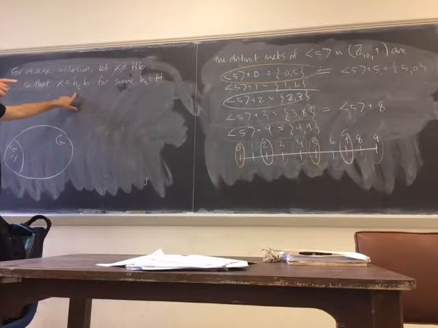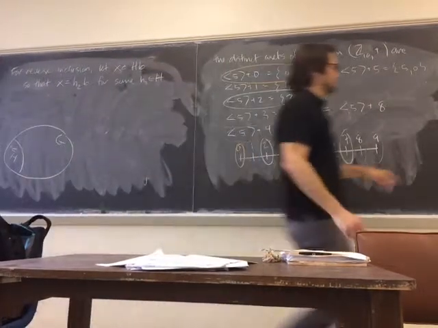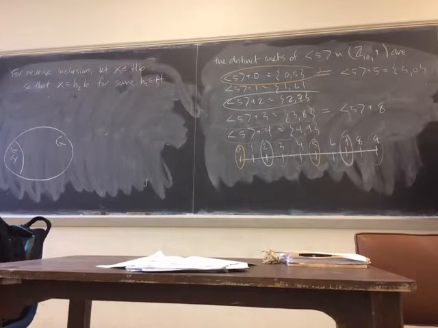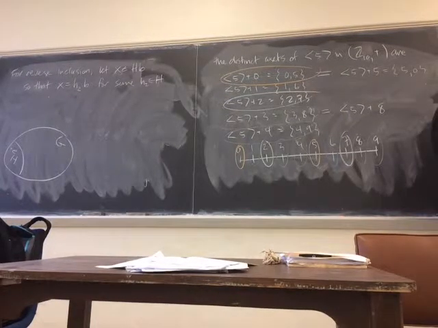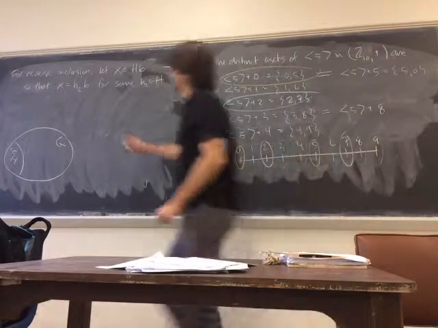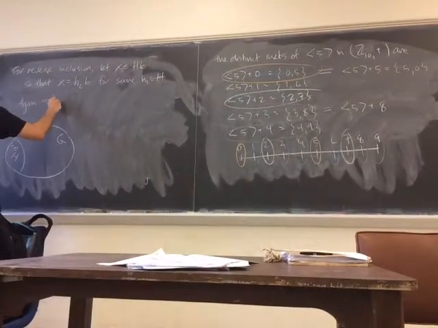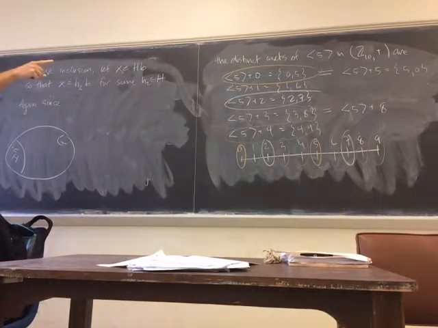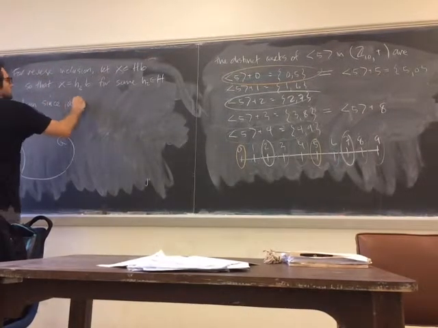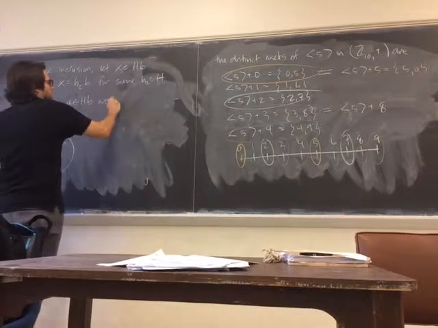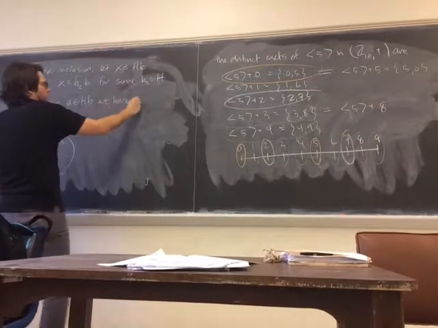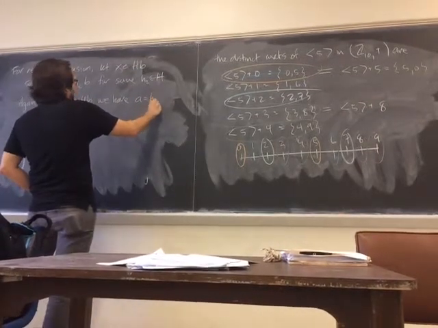Now, we know that a was in HB, right? That was our assumption. So again, we'll say that since a is in HB, we have a equals h1 b.